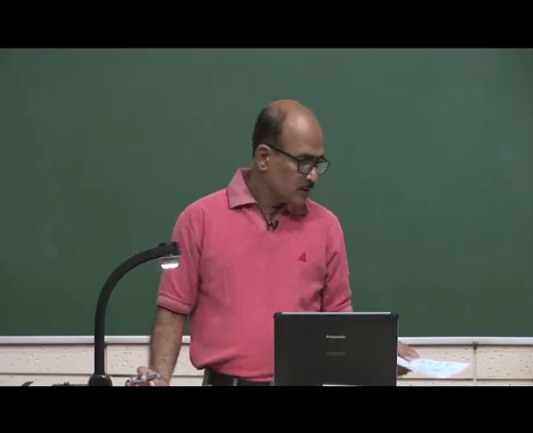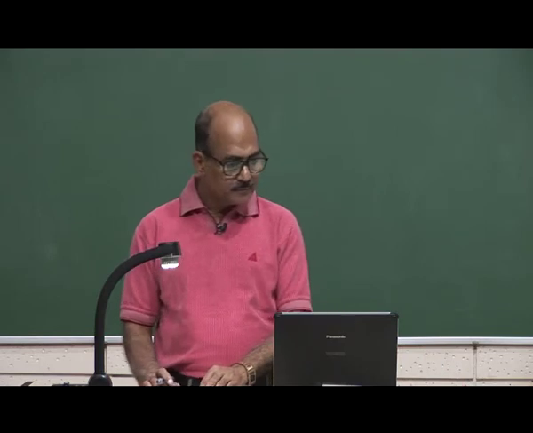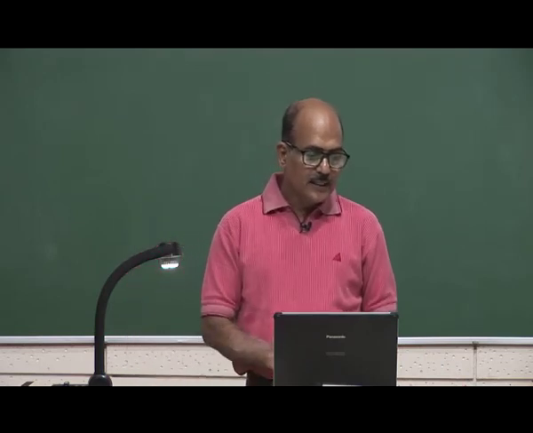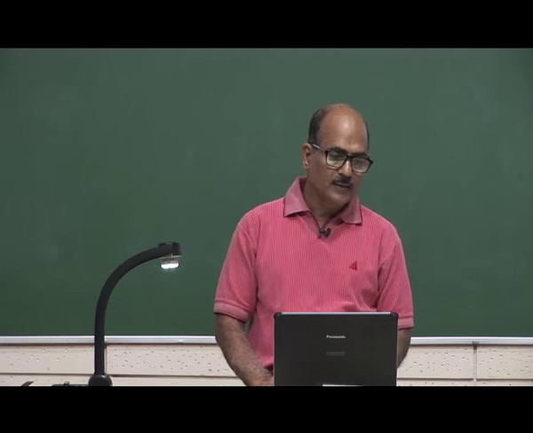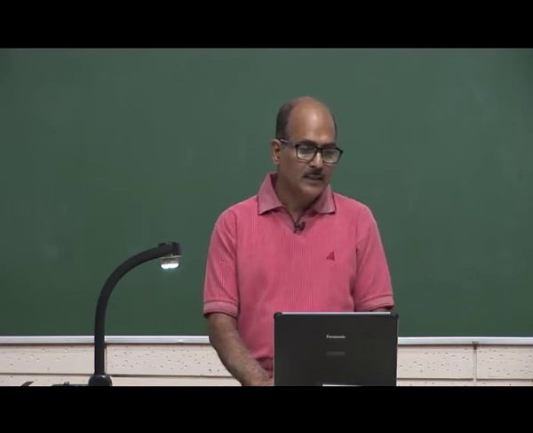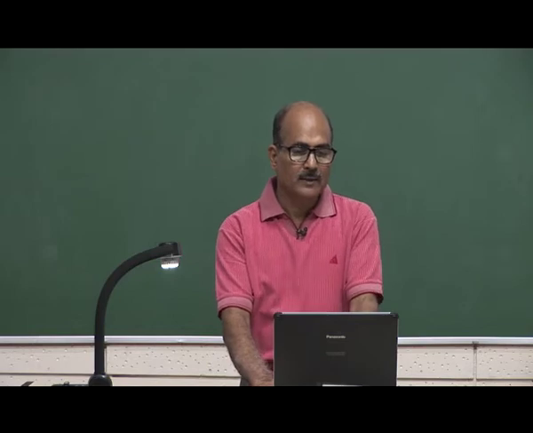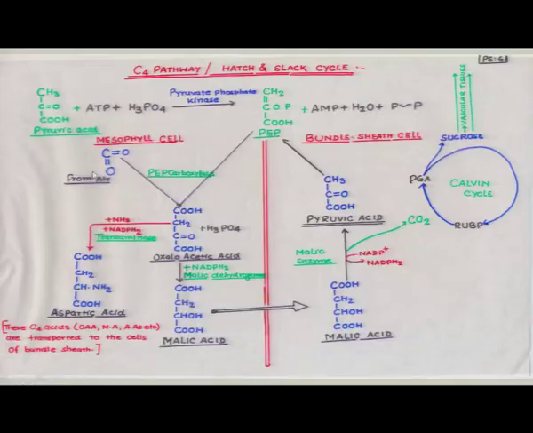Okay. So, now this is the pictorial view of the entire cycle. Here is the pyruvic acid, ATP converted into PEP, CO2 combined with the PEP to form oxaloacetic acid, as we have already discussed.